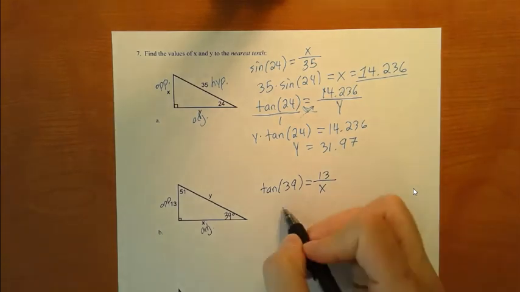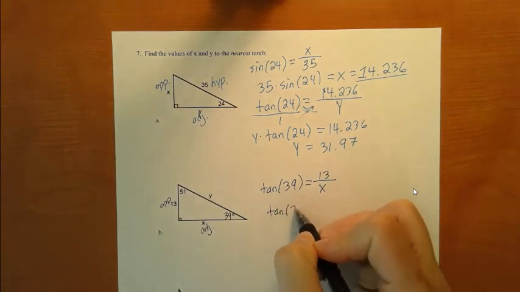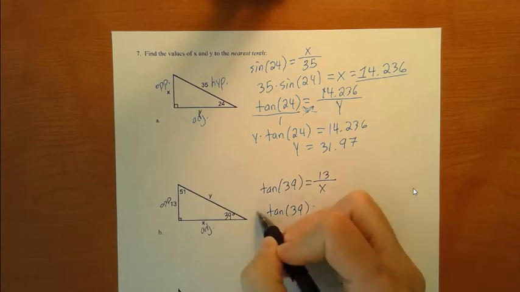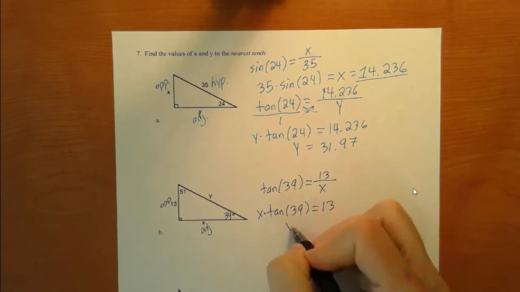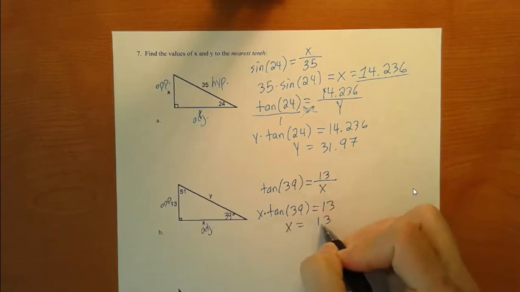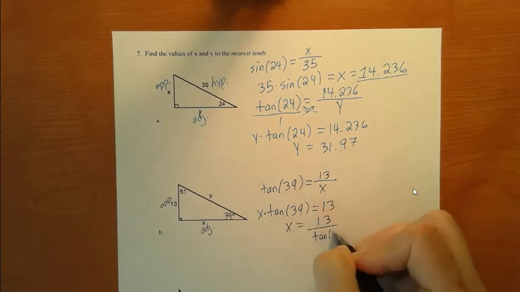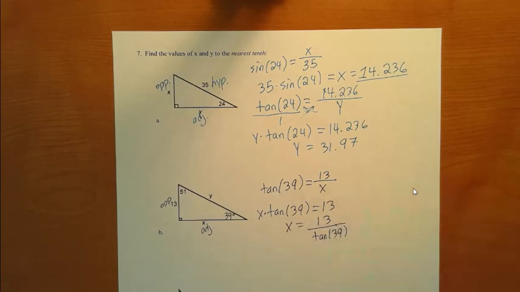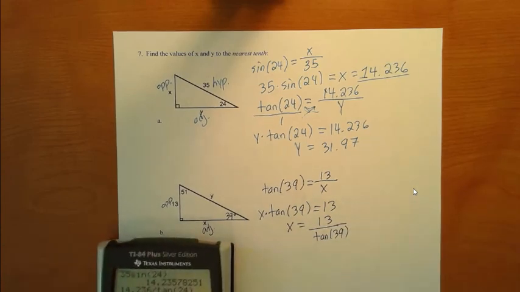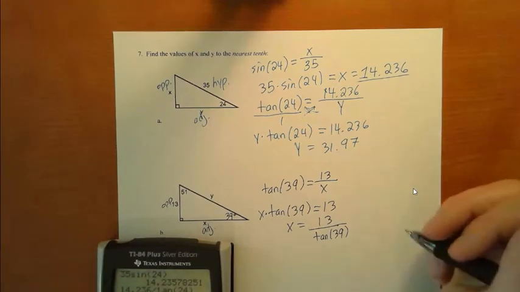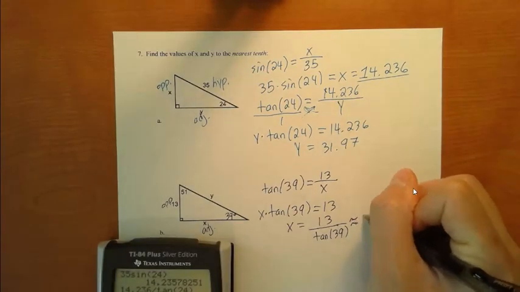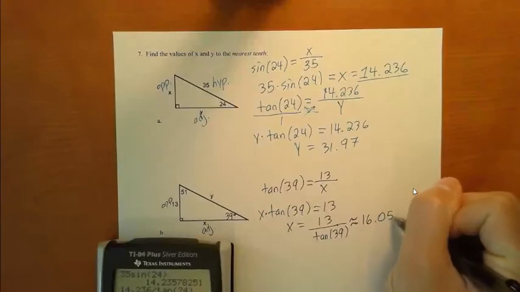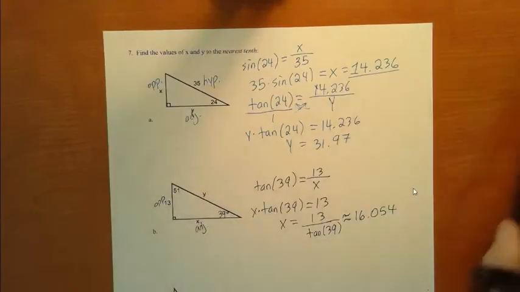And we can cross multiply again and get tangent of 39 times x is going to equal 13. And then I have x is 13 over the tangent of 39. My answer from that ends up as approximately 16.054. So that's my x value.